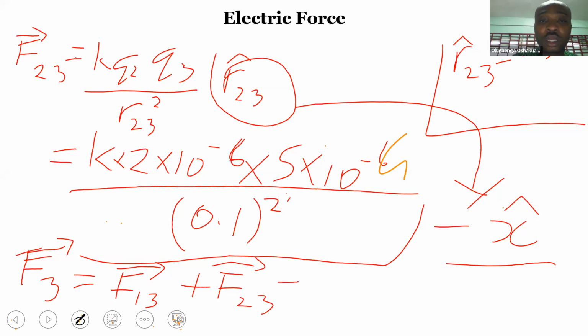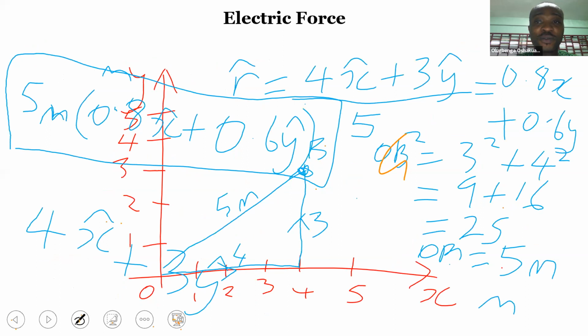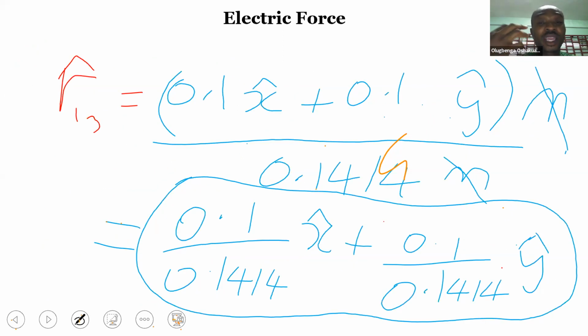If you look at F23, it's given in terms of x caret. When you look at F13, it's given in terms of x caret and y caret. So you expand, and you add the like terms together.